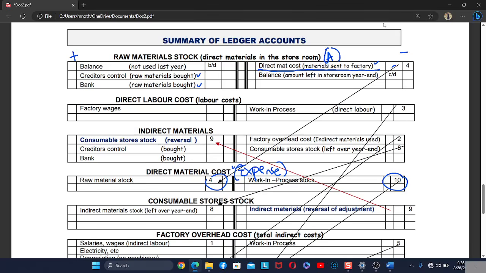And then we have the direct labor cost. Like I said, this is labor that is involved in the manufacturing of the products. For example, it can be someone who is operating the machine, right? So we're talking about the factory wages, right?